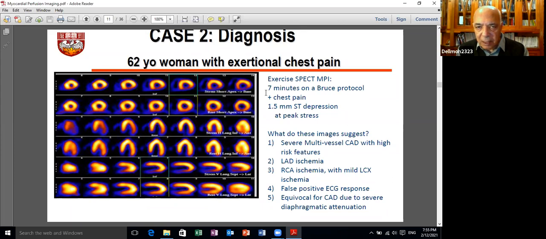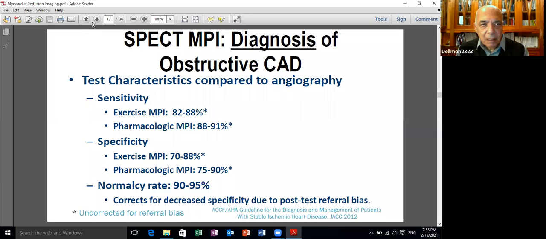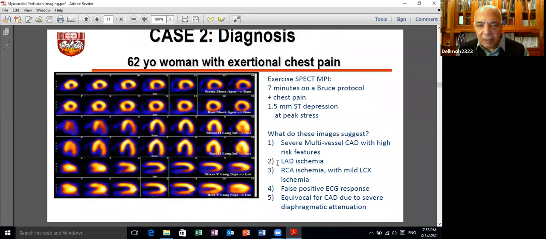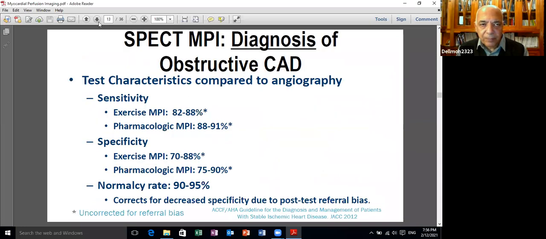Always read the exercise test because it's a part of the stem in answering the question or in getting a decision for a particular patient. So the answer here is right coronary artery ischemia with mild circumflex lesion. This is written here, what I just explained.